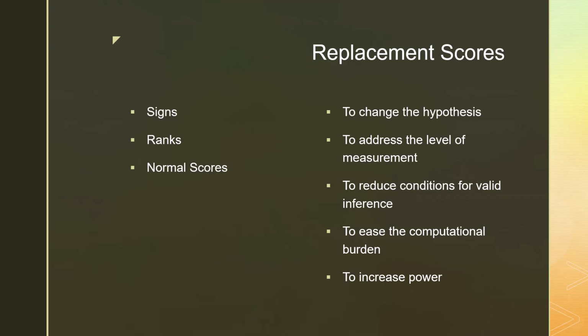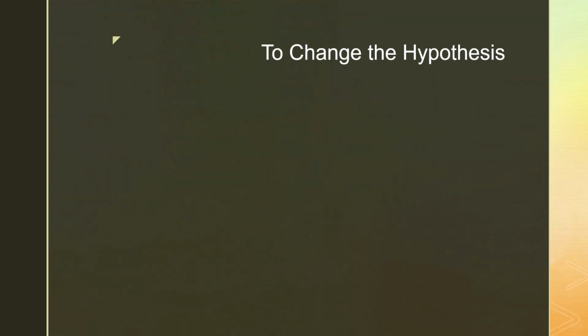Now, indeed, for any of these replacement scores, one or more of these reasons may be valid for using such scores, but given that at this point we've primarily focused on using signs and original scores, I'm going to go down the path of that comparison, keeping in mind, however, that in the future, you are going to see these reasons appear again and again as we consider different types of replacement scores and different types of distributions. Let's start with the change of hypothesis as a motivation for using replacement scores.